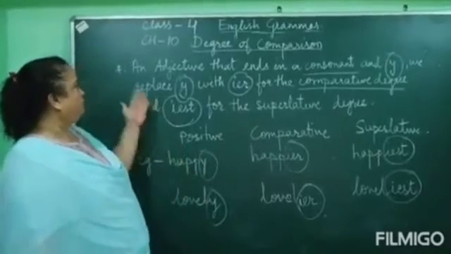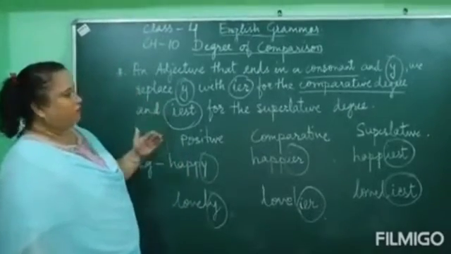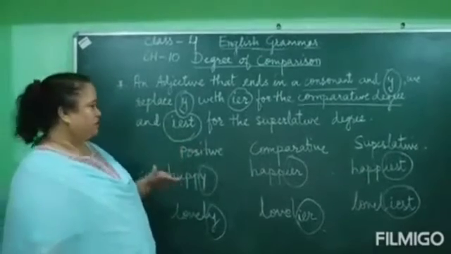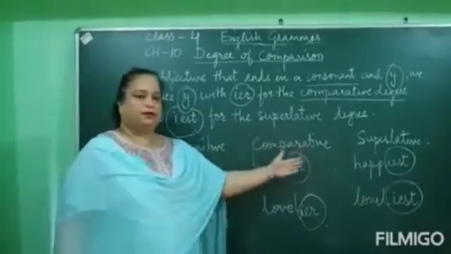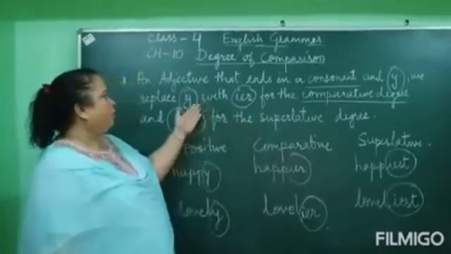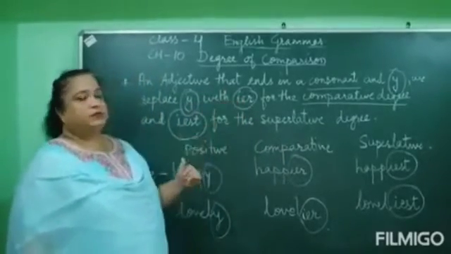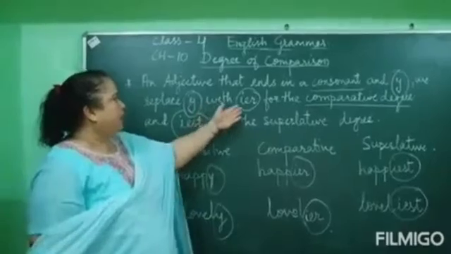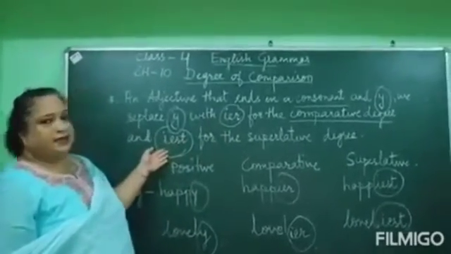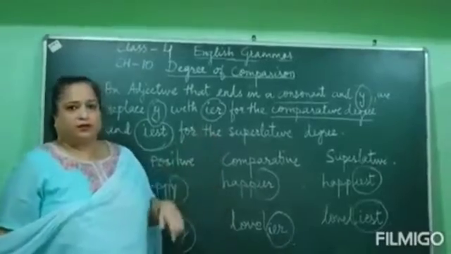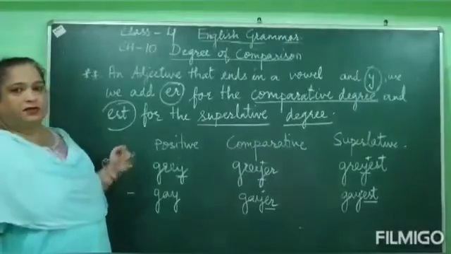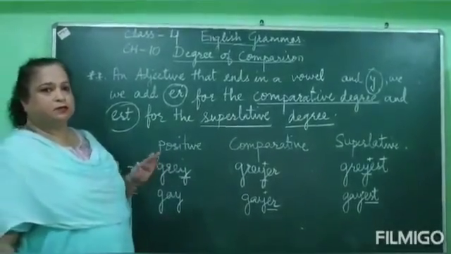I hope children you have understood the first rule of changing positive to comparative, and comparative to superlative, when the word ends with a Y, using IER or IEST. Now children, we are going to learn the second rule.